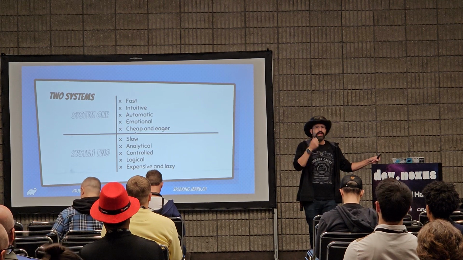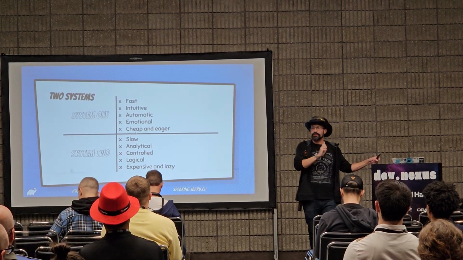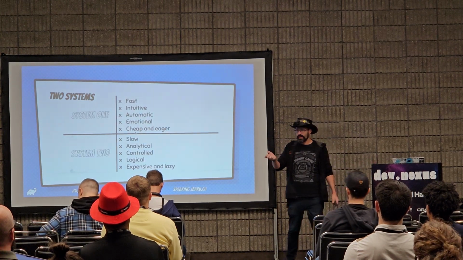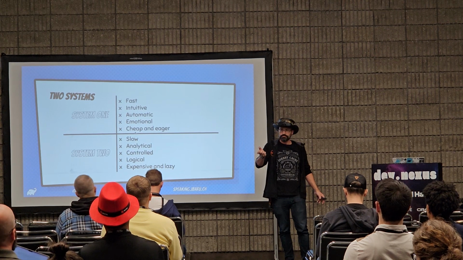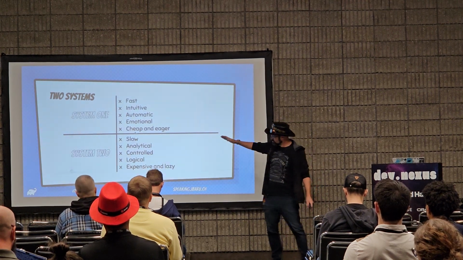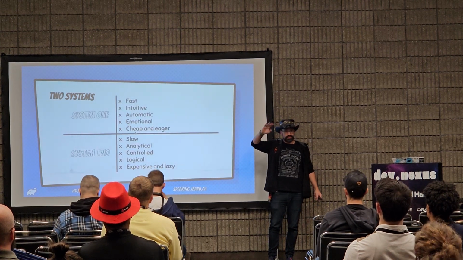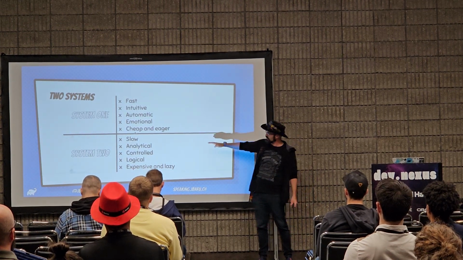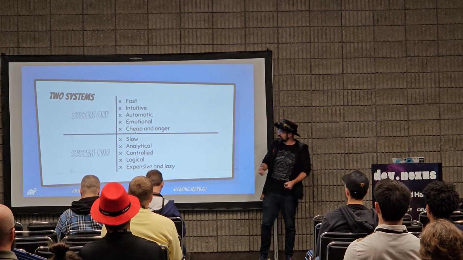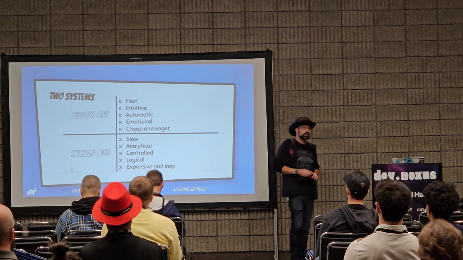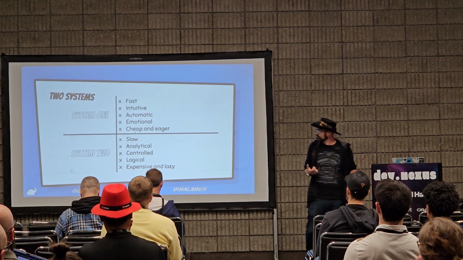You made an effort to engage your system 2. It took much longer to calculate the answer, not the longest time, but at least a couple of seconds. So it's slow. You went through this simple mathematical algorithm to calculate it. It's controlled, you forced yourself to do it, and it was obviously much slower and took much more effort.